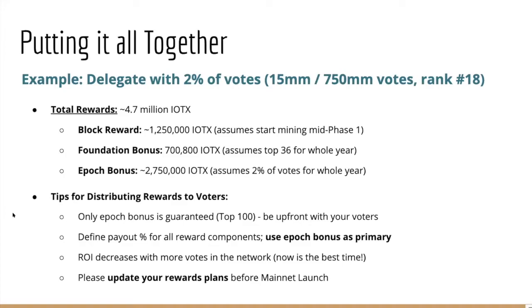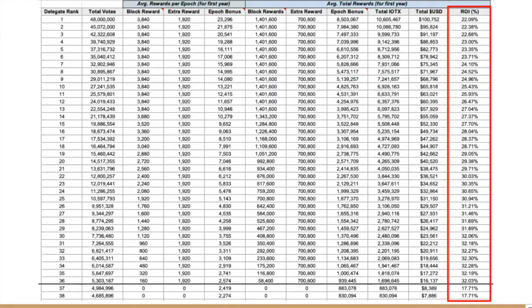And finally, this is just a snapshot of the profit calculator results. On top of this, there's a top section of assumptions that you can toggle. But right now, this is the lay of the land. Number one has around 48 million votes, and this represents about 750 million total votes.